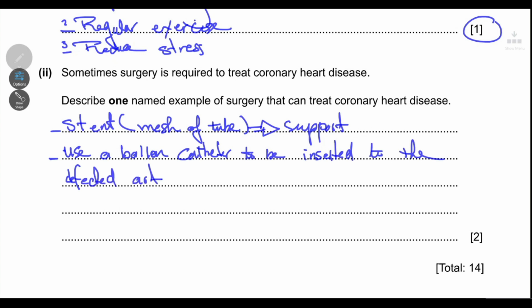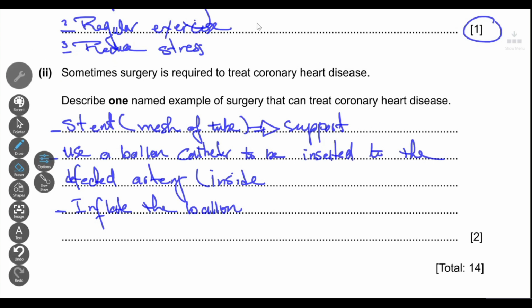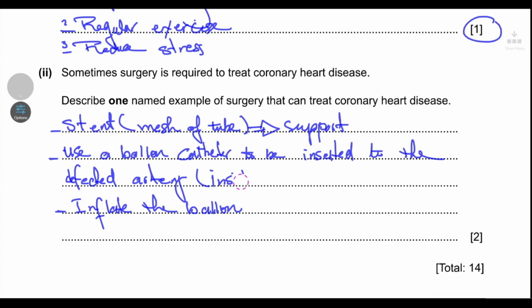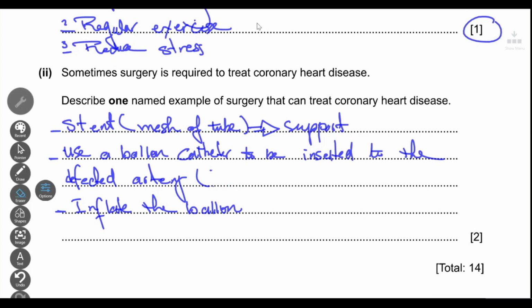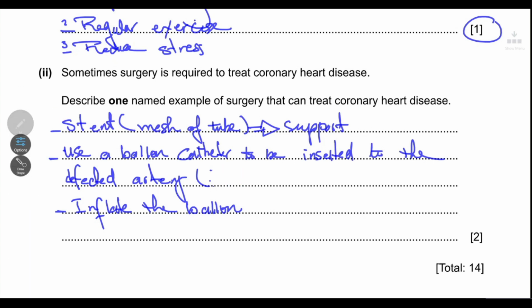Then inflate the balloon, surely inside the catheter, according to the technique of the surgery itself. To be much more precise, we have to say with the stent.